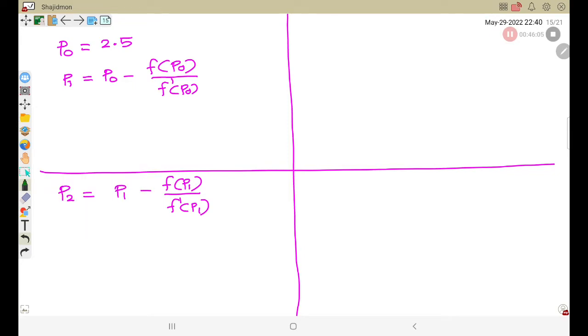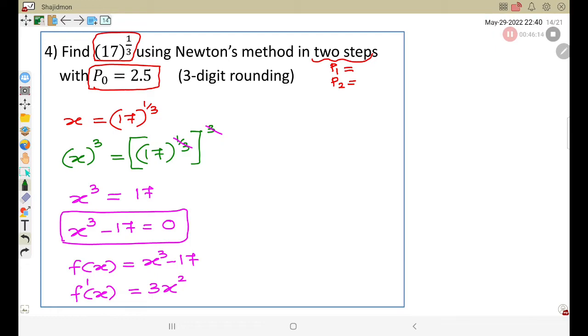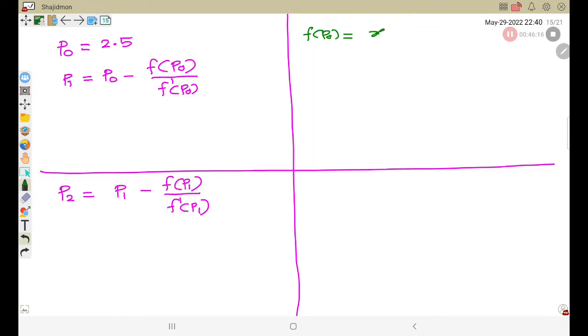First we calculate f(P0) separately. f(x) = x^3 - 17. Now what do we need to use for x? The P0 number, 2.5, so 2.5^3 - 17. Correct?